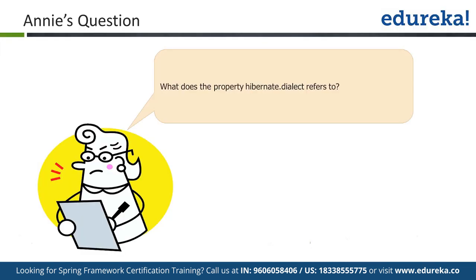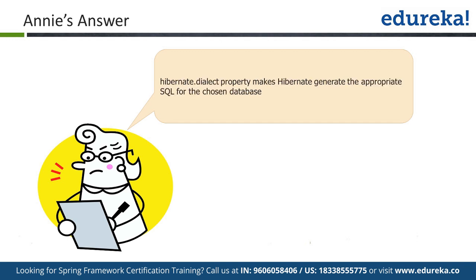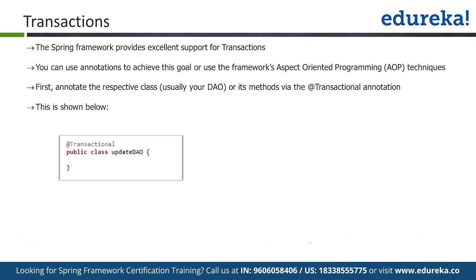So what does the property Hibernate dialect refer to? Transactions. Spring Framework provides excellent support for transactions. You can use annotations to achieve this goal or use the framework's AOP techniques. First, you need to annotate the respective class, usually your DAO or its method, via the Transactional annotation, on top of your class or on top of a method.